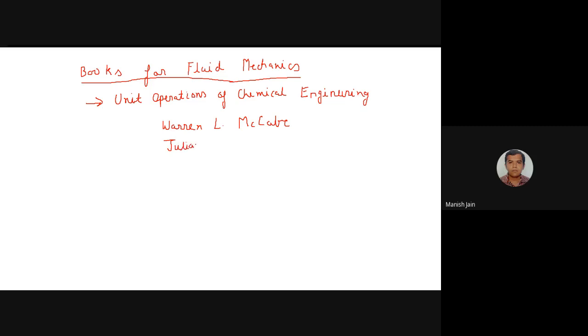Okay, so this is a very important book from the chemical engineering point of view. You will find most of the subjects in the book, apart from chemical reaction engineering. For chemical reaction engineering, you have to select the other book.